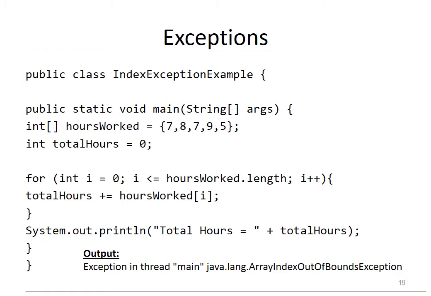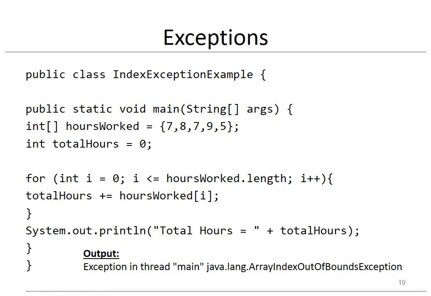It will generate an array index out of bounds exception. Why? Well, as you can see, the array has 5 elements. Remember that the first element has index 0 and the final element index 4. Now take a look at the loop conditions. The terminating statement says i less than or equal to hoursWorked.length.